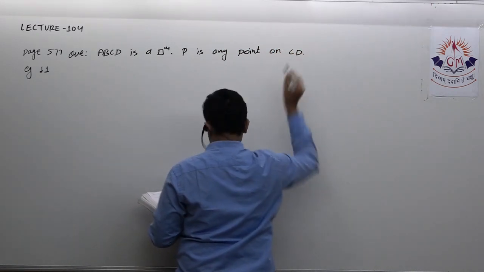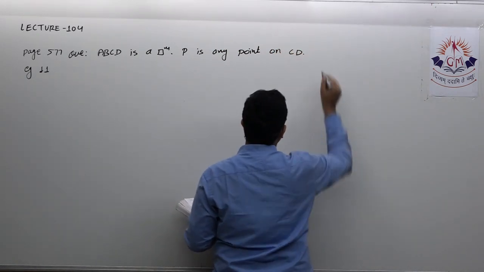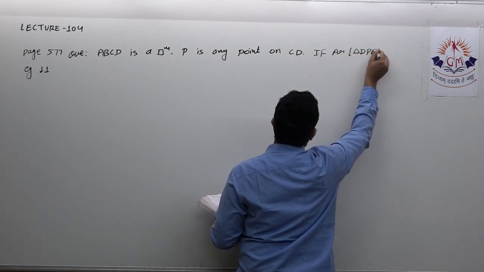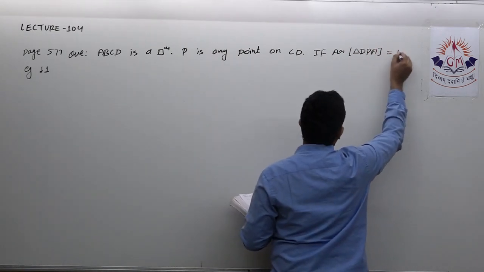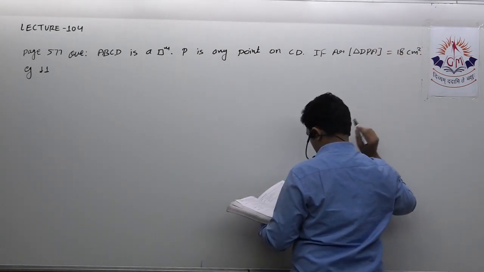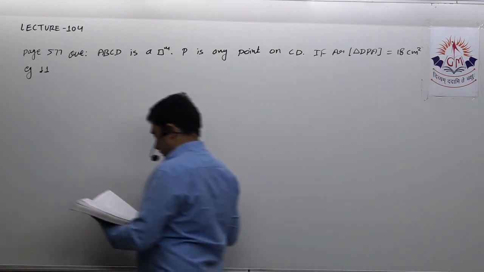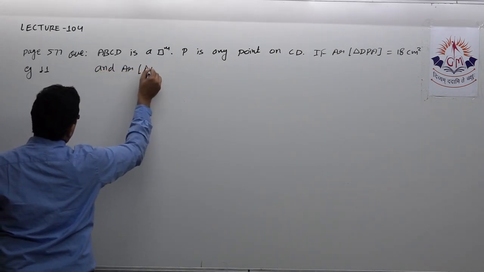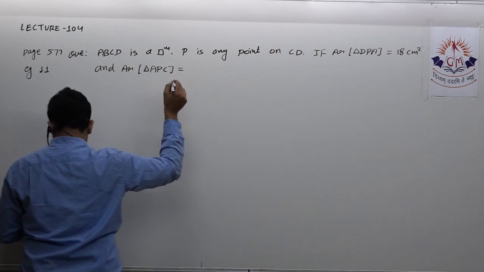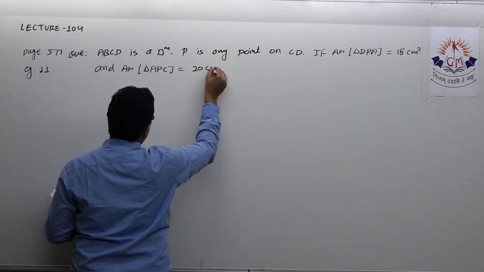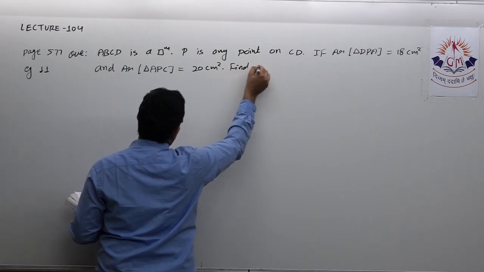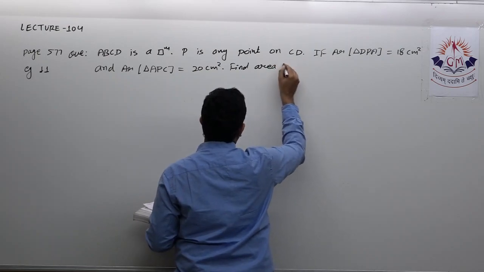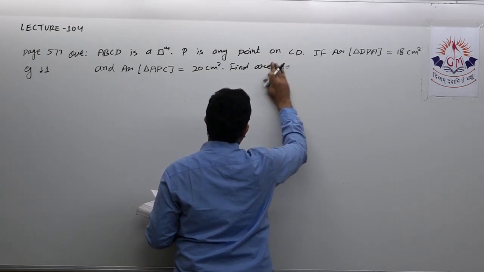If area triangle DPA is equal to 18 centimeter square and area triangle APC is equal to 20 centimeter square, find area triangle APB.